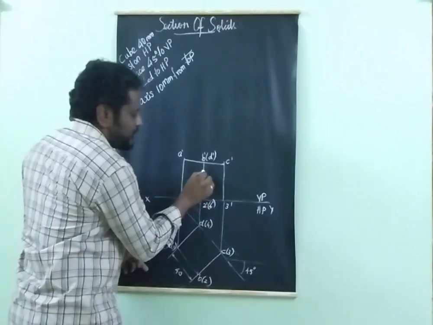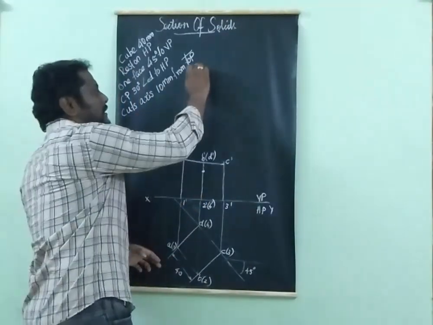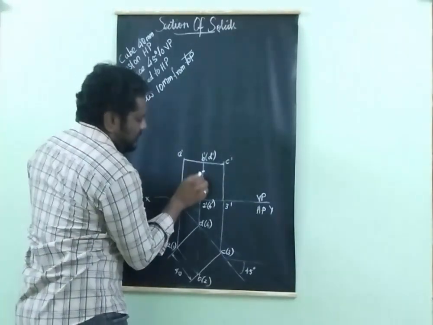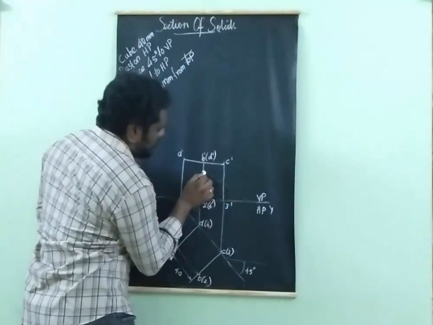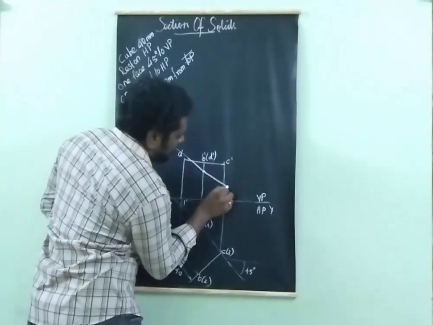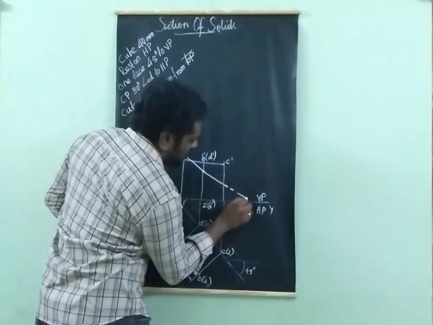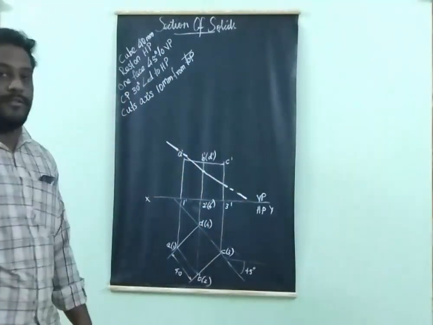My cutting plane should pass through this point in order to meet this condition. So I am making a 30 degree line here. It will be like this. To represent my cutting plane, I have to draw like this. So this is my cutting plane.